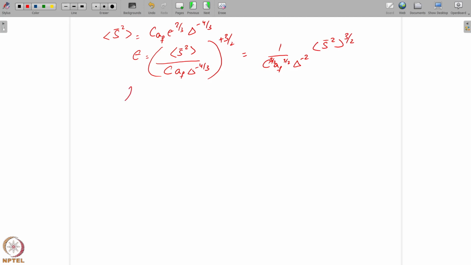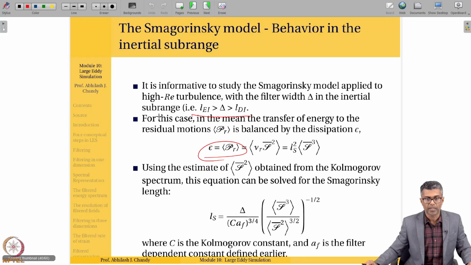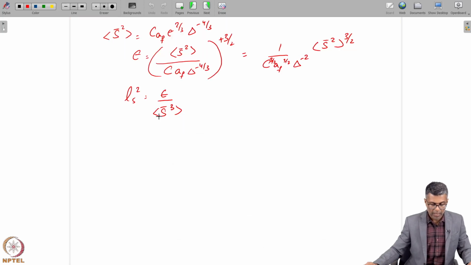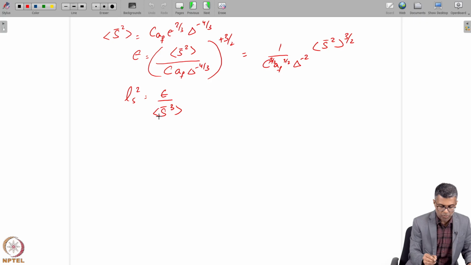We know that LS squared is epsilon over S bar cube average, as you had seen here. Now I just substitute it in here.